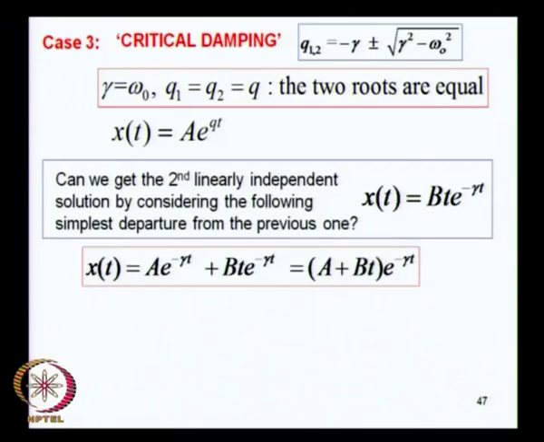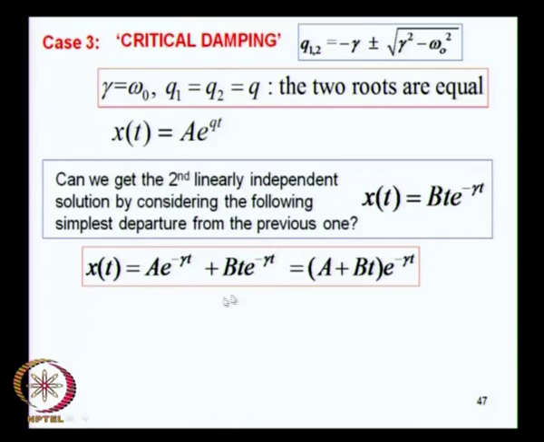This arbitrary function of t could be some polynomial function in t, and you take only the first term in t to the 1. So, t to the power 1 and e to the power minus gamma t: a e to the minus gamma t plus b t e to the minus gamma t.